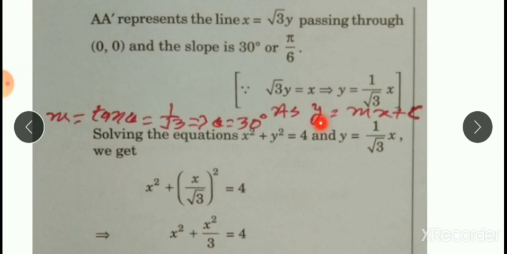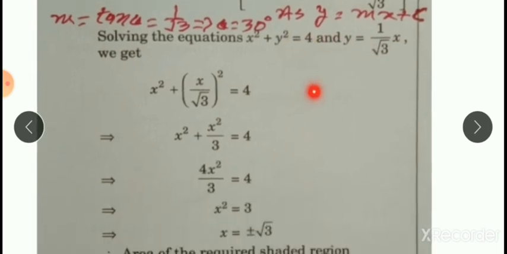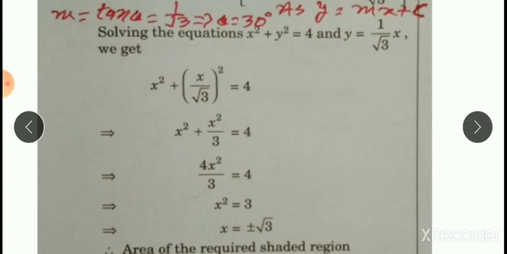By using this formula, and x square plus y square is equal to 4, and this is the equation of the line. We have to solve these two equations. By solving these two equations, we can put here x square plus, in place of y, 1 upon root 3 x here.